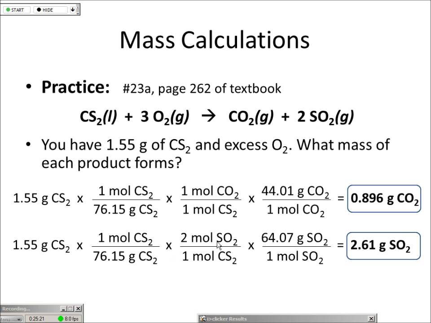And so we have that conversion factor here. That would give us, instead of grams CS2, that cancels. And also moles CS2 cancels, so we have moles SO2 left. And then we multiply finally by the formula mass of SO2, and that'll give us grams SO2.